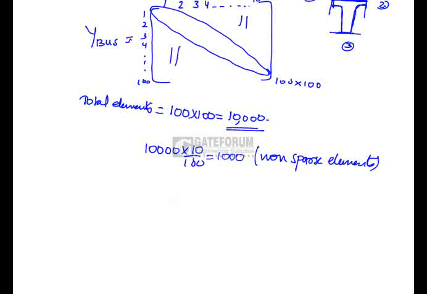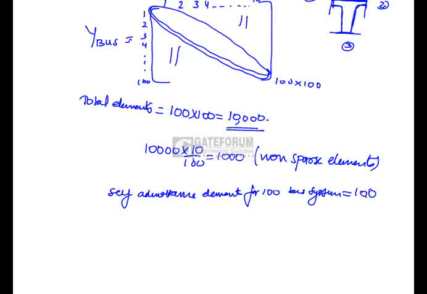The number of self-admittance elements for a 100 bus system is equal to 100. So the non-zero elements are nothing but the transmission lines: 1000 minus 100, which is equal to 900, because these are the non-sparse elements.